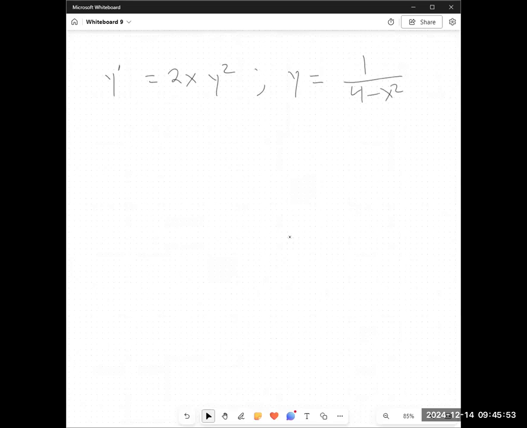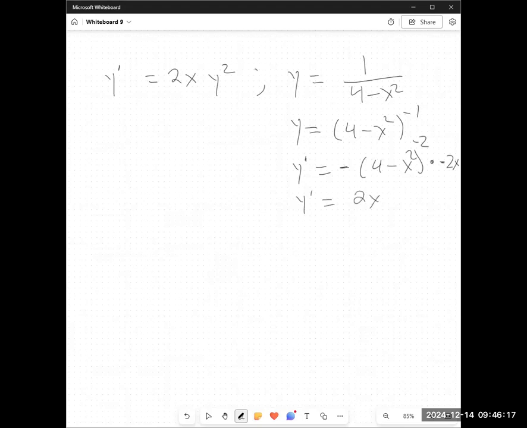So when we take the derivative here, let's go ahead and say y prime is going to be a negative 4 minus x squared to the negative second times a negative 2x. So that makes y prime equal to a negative 2x is going to be a positive 2x in my numerator, 4 minus x squared squared in my denominator. So that's my left-hand side of the equation.